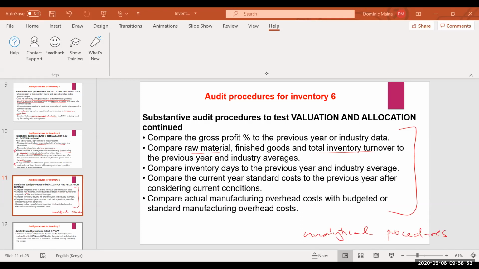If the days are increasing, as an auditor, why would you be concerned? Maybe there could be sales that are not being recorded. Yeah, that could still be a reason.